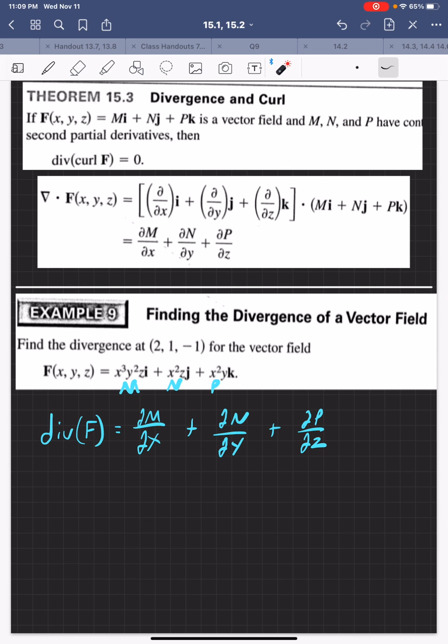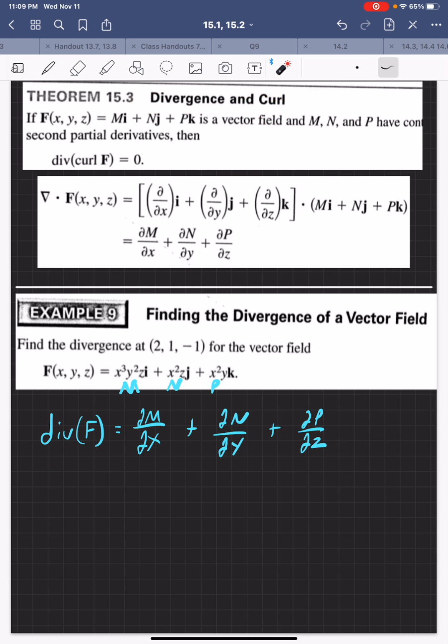Let me restate that. If the following is a vector field and M, N, and P have continuous second partial derivatives, then I should have read before I started.